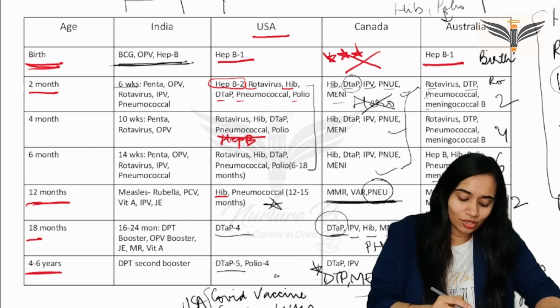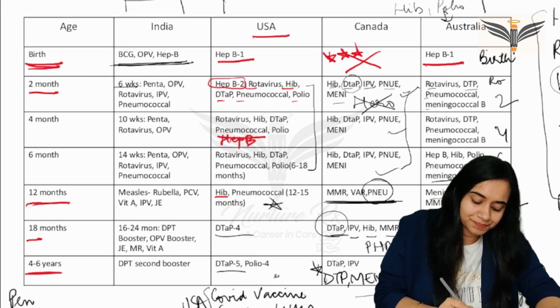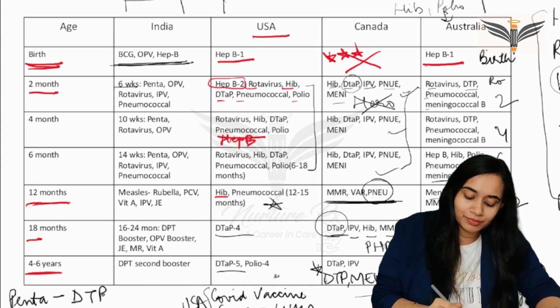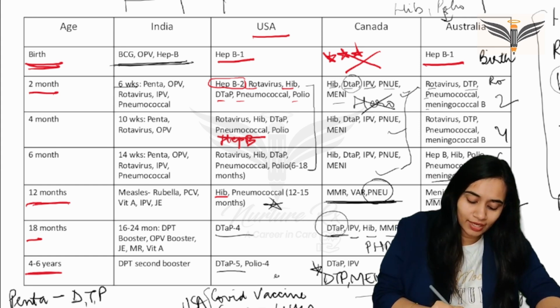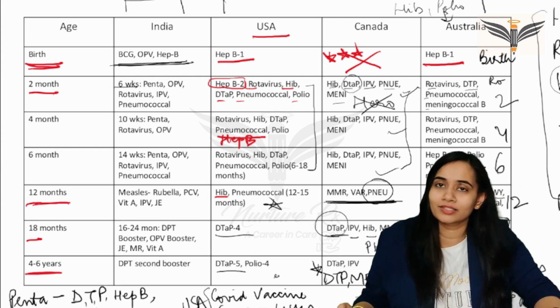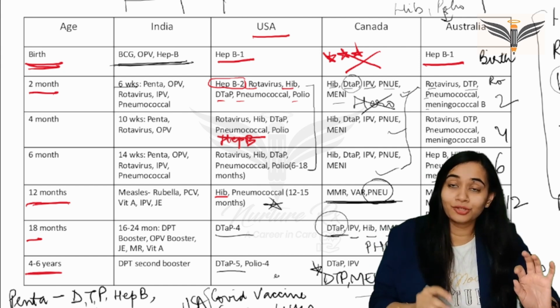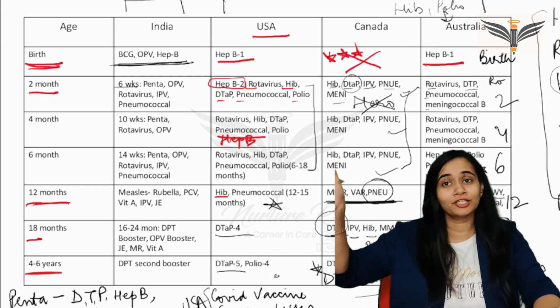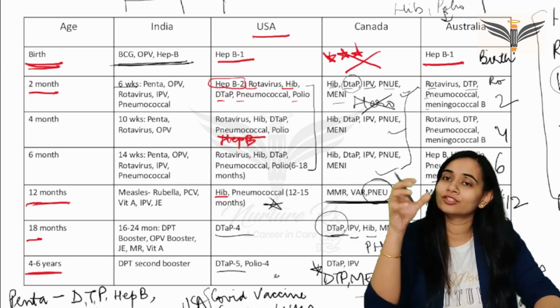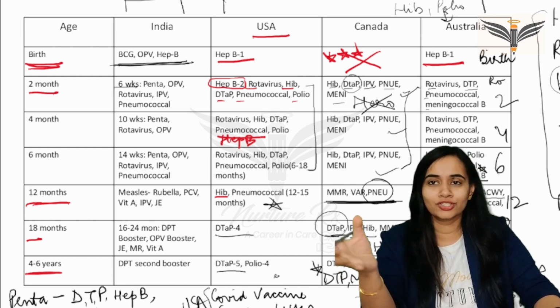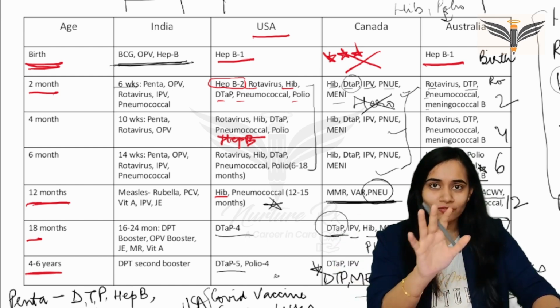What is there in your pentavalent vaccine? Your pentavalent has DTP, diphtheria, tetanus, pertussis, and apart from that, it has your hepatitis B, the usual, and it has your H influenza B vaccine. Right? So these 5 vaccines are present in your pentavalent. Can you relate that it is similar to the mnemonic that we have created? So for India also, things have not changed. Pretty much the same schedule is being followed.